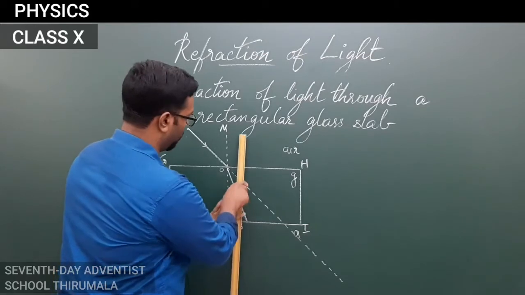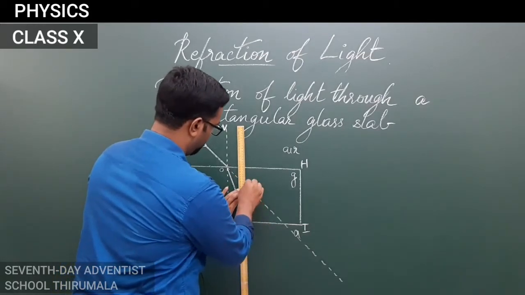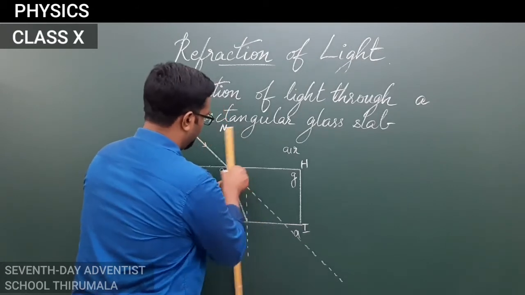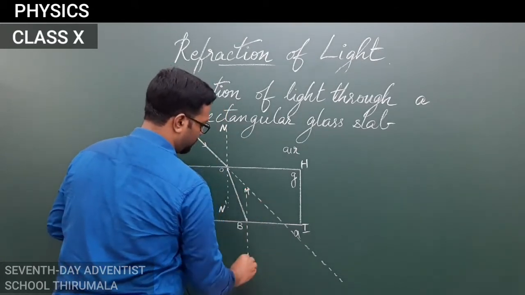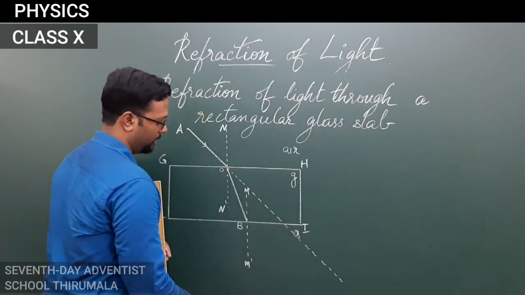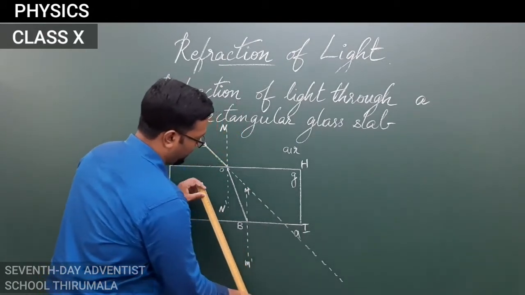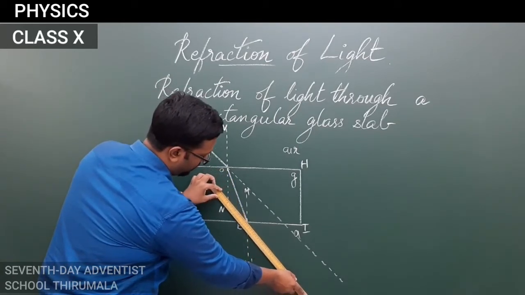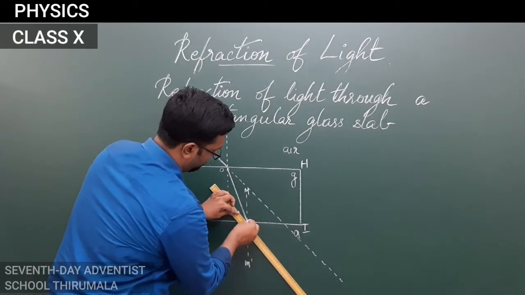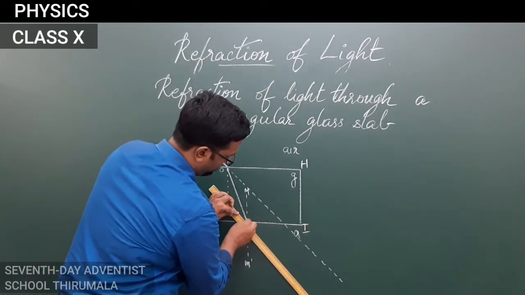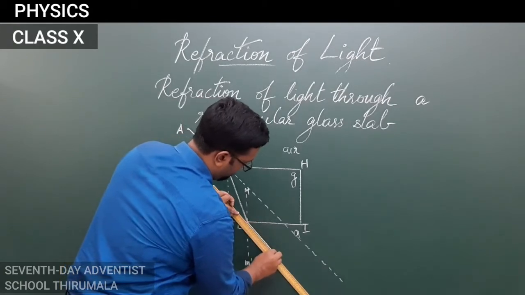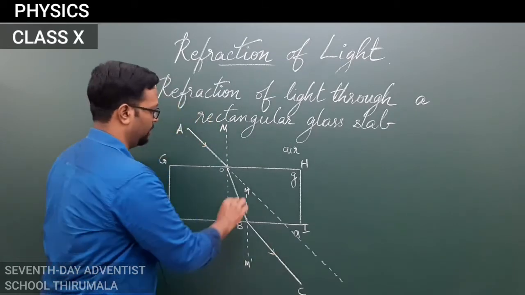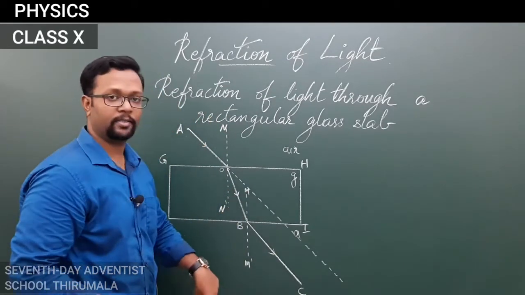So first we will draw the normal. Let the name of this normal be M dash, and the light ray, instead of going straight like this, will bend away from the normal, and it will go towards the point C. Don't forget to draw the arrow marks in the direction the light ray is taking.